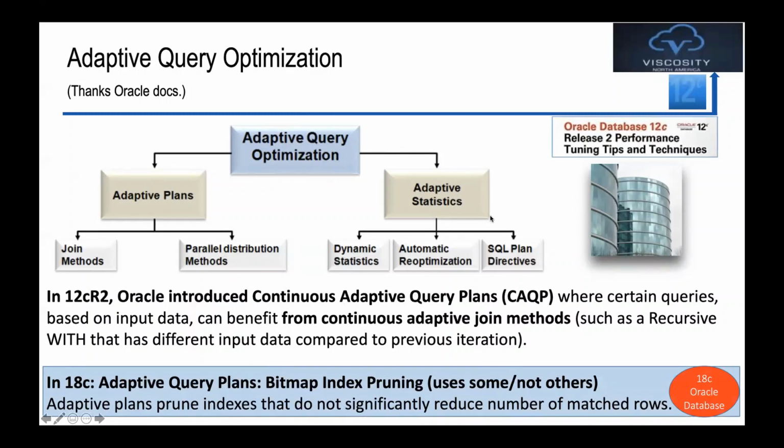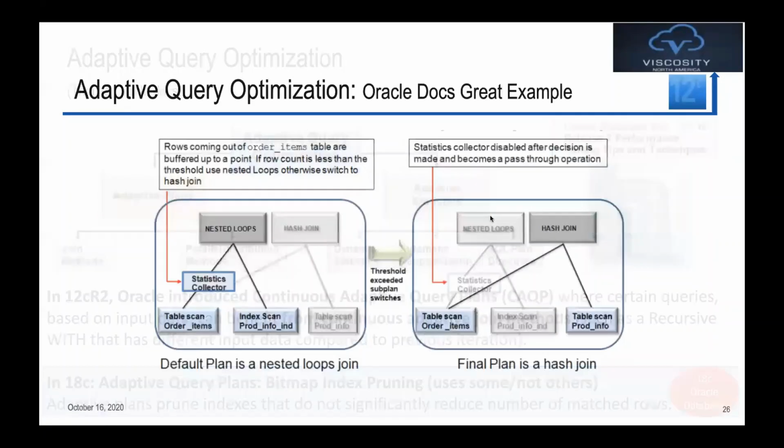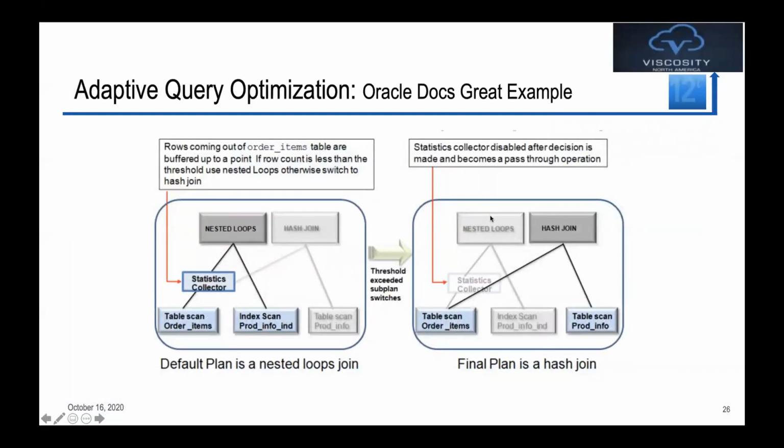And speaking of tuning, the autonomous tuning that Oracle starts to do in the database all starts with adaptive query optimization in 12C and 12.2. And the main part of that is adaptive plans. What Oracle does is they look at statistics, and then the optimizer says, oh, let's do a nested loop.